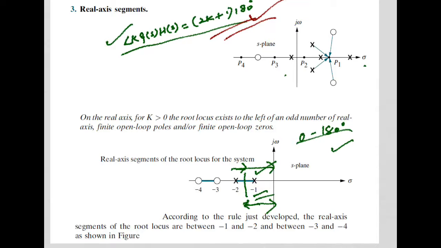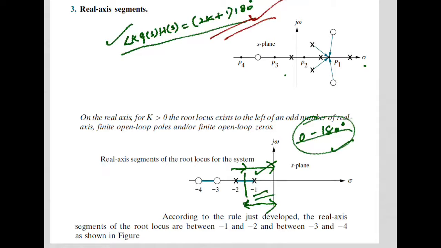The angle is 180 for the regions of the real axis that exist to the left of an odd number of poles or zeros.